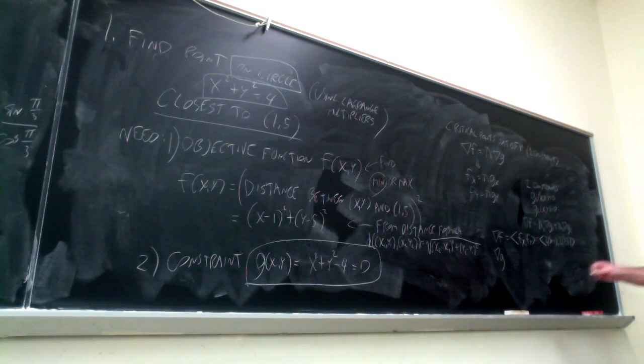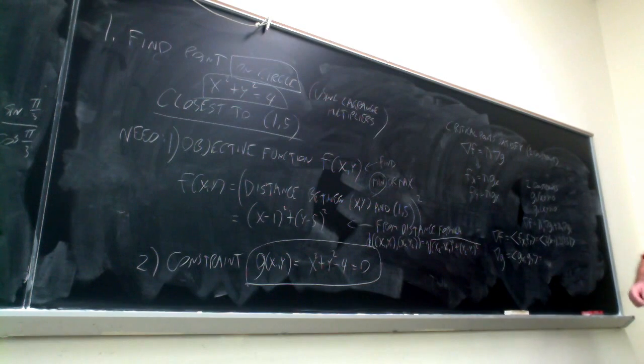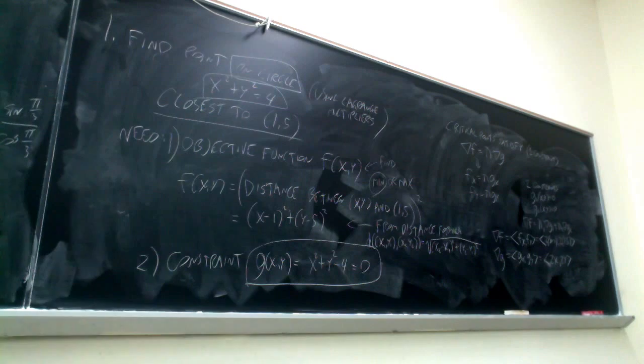All right, and then the gradient of g is 2x and 2y. Now we multiply the gradient of g by lambda and set it equal to the gradient of f. So now we have all three of the equations that we need, and then we figure out how to solve.